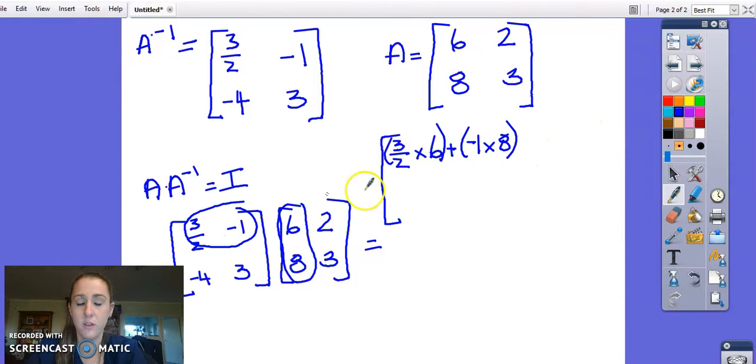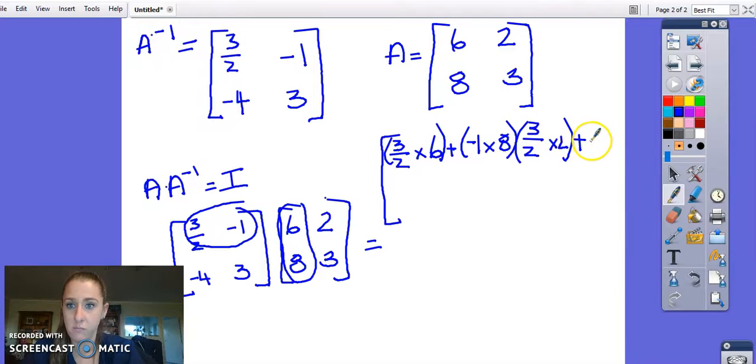Then I'm going to move over to my second column here. So 3 on 2 multiplied by 2 plus negative 1 by 3.